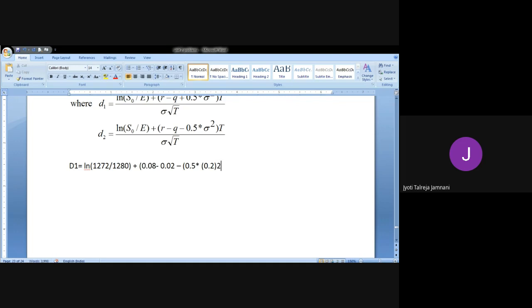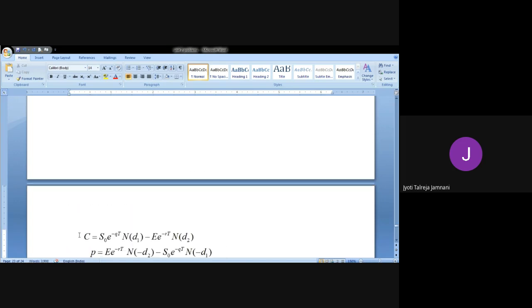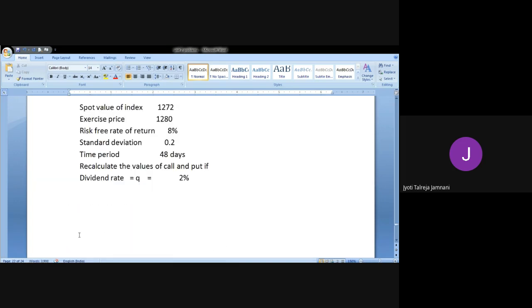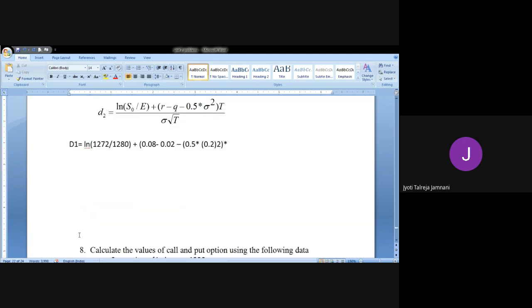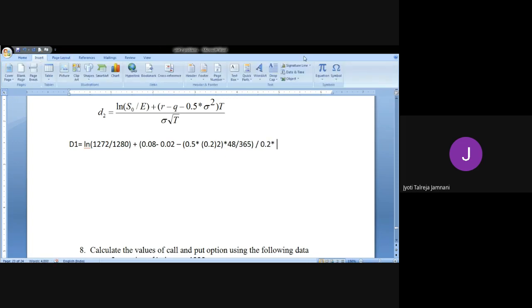This entire thing we have to multiply with t, the time period, which they've given as 48 days. So 48 divided by 365. This is the numerator, divided by the standard deviation, which is 0.2 into square root of 48 divided by 365. Okay, let's now solve this part.